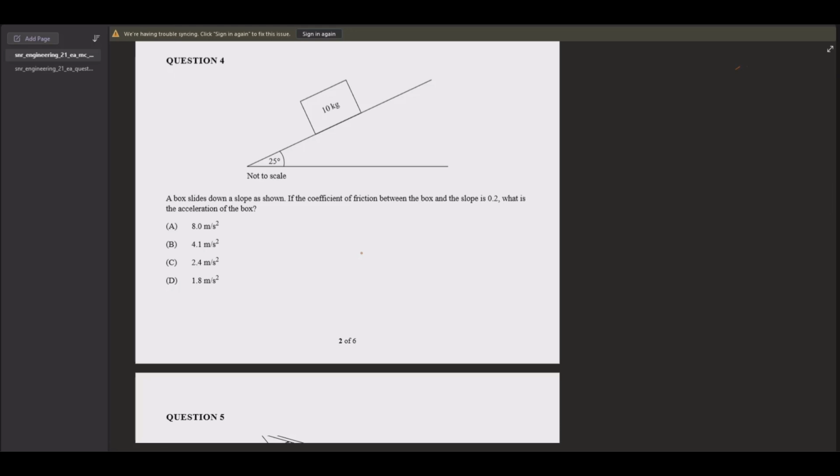Inclined plane. Just write down a formula first. This looks like there's no external force, so we can probably just do this. Box slides down the slope as shown. If the coefficient of friction between the box and the slope is 0.2, what is the acceleration of the box? If we're talking about acceleration, then we can just divide all this by mass and simplify a little bit.